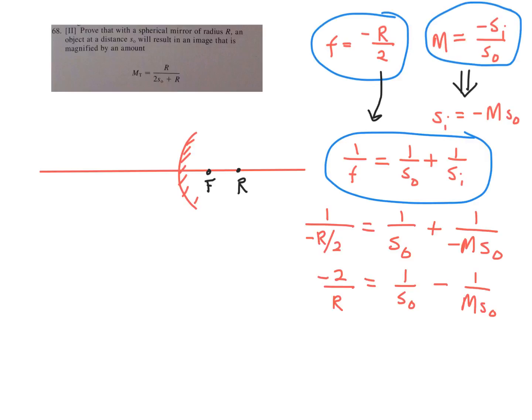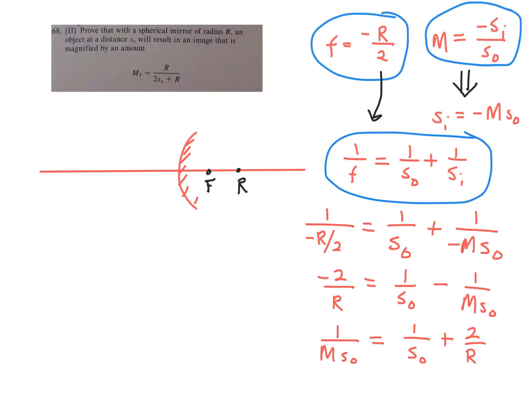I'm going to move the term with the m to the left and the term with the r to the right, so that I end up with all positives, and I'm trying to get the m isolated anyways. 1 over m s sub o equals 1 over s sub o plus 2 over r.